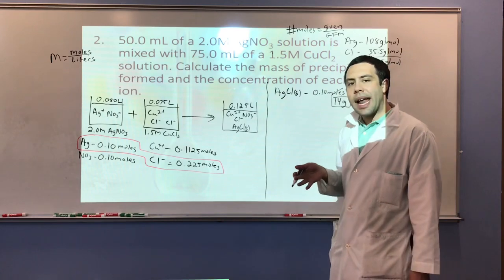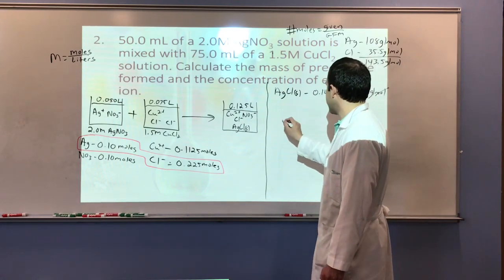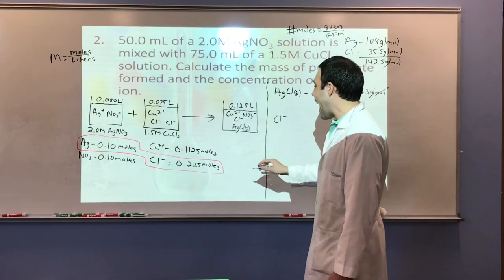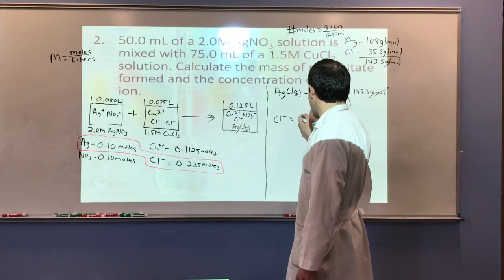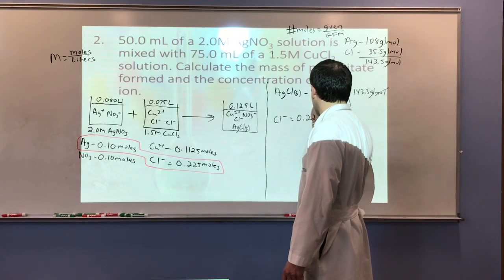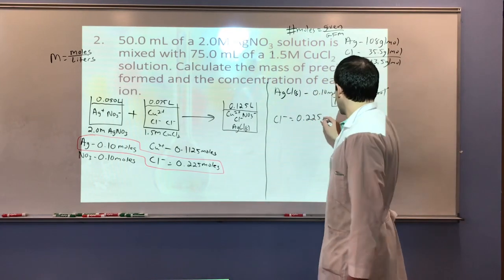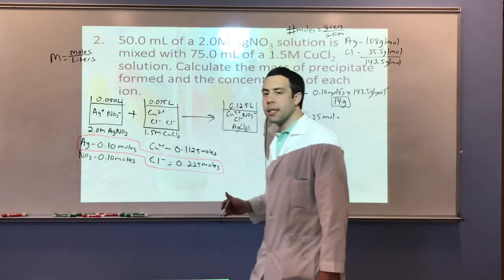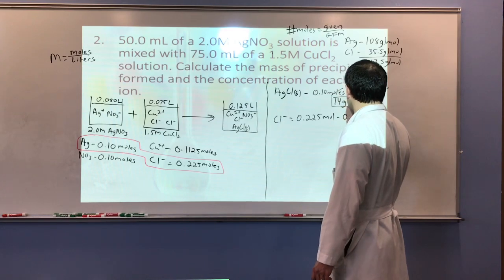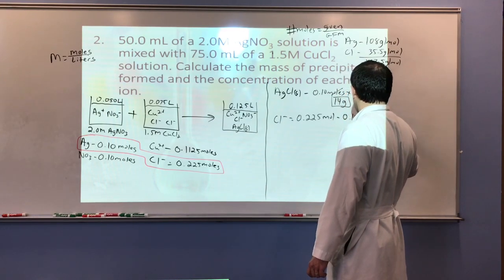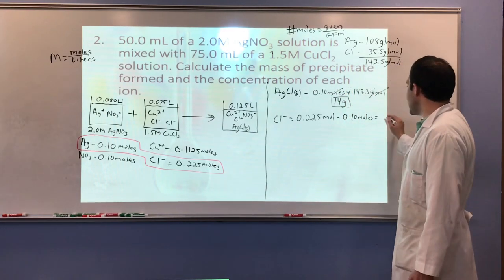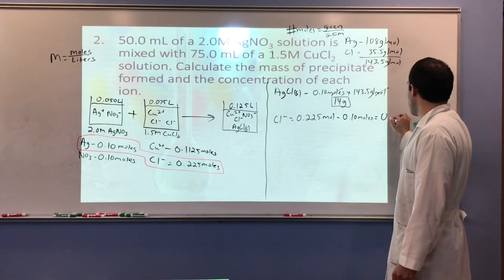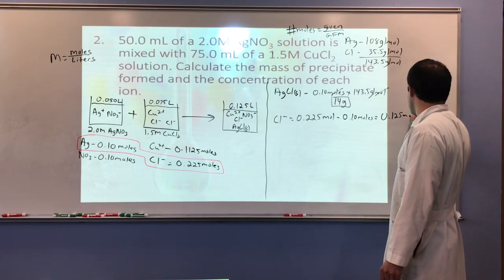If I want to find out how much Cl minus is left in solution, I have to first take my original amount of Cl minus, subtract the 0.10 moles that I used up, to get 0.125 moles.